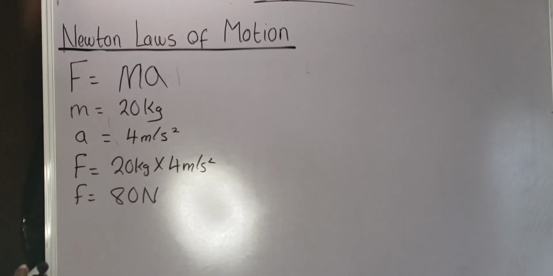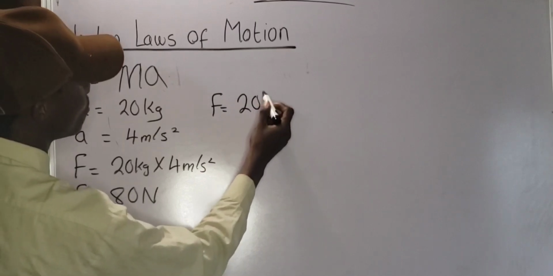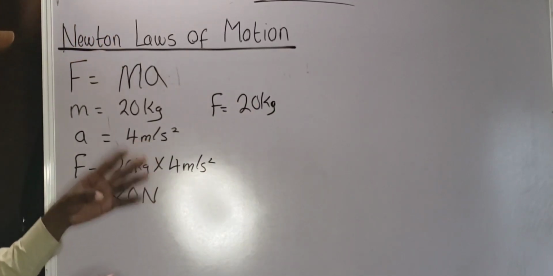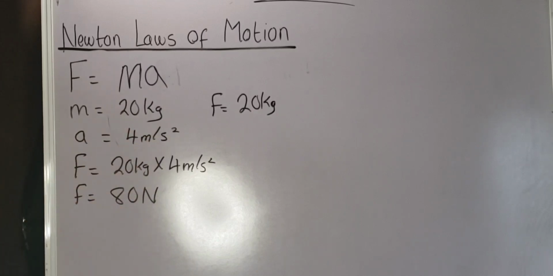What if the acceleration is doubled and the mass is kept constant? If the acceleration is doubled and the mass is kept constant, so if you double the acceleration, we're going to have 8 meters per second squared. Do you understand?